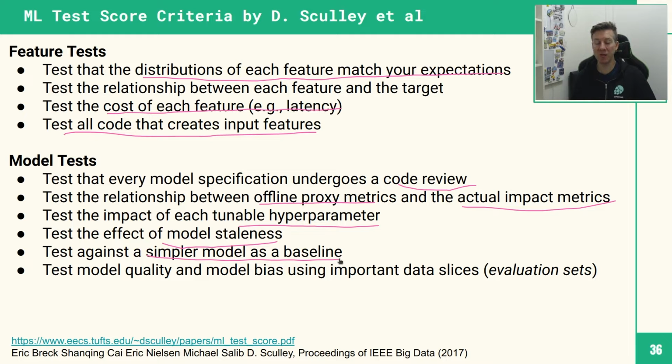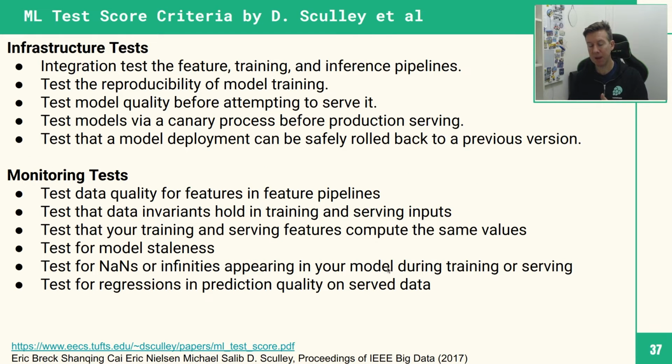And in that case, it might even be better to use the baseline. And then finally, test the model quality and test against bias. So you want to make sure that your model performs well, not just over the average of all your users, but over key user groups that might potentially be biased against. And you can use something called evaluation sets to identify those sets that you want to test for bias against.